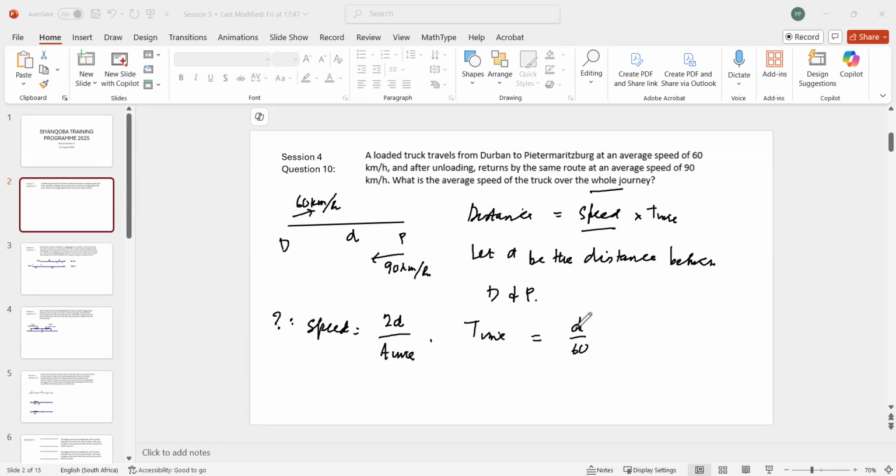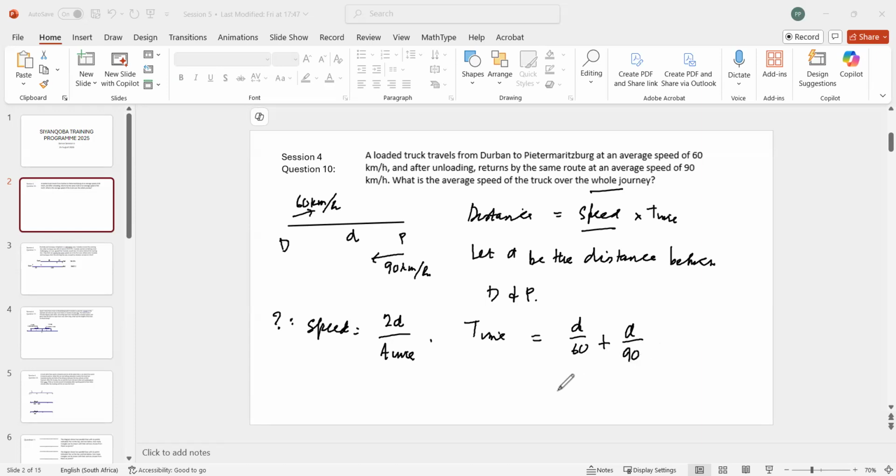So this is the time that the truck took to reach Pietermaritzburg. On the downward journey, the same distance, but the speed now is a little bit faster. It's d over 90. And the total time will be the time for the upward journey plus the time for the downward journey. Okay, so we have to work out the total time.